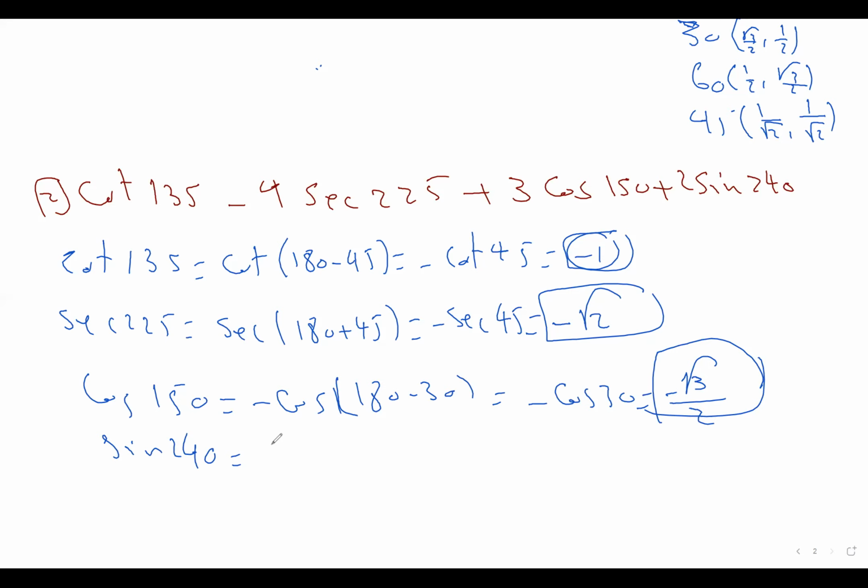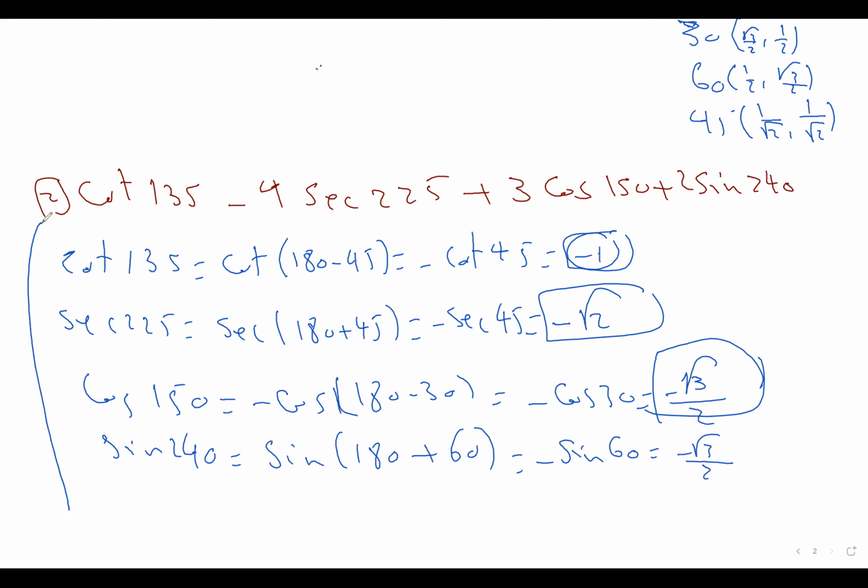Third quadrant. So it will be sine of 180 plus 60, and sine in the third quadrant is negative. It will be negative sine 60, which is negative root 3 over 2. Okay, so we have 4 values and we can find this expression.